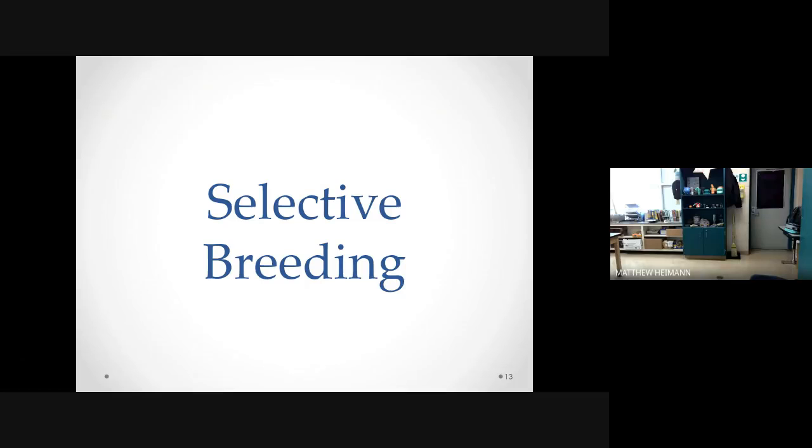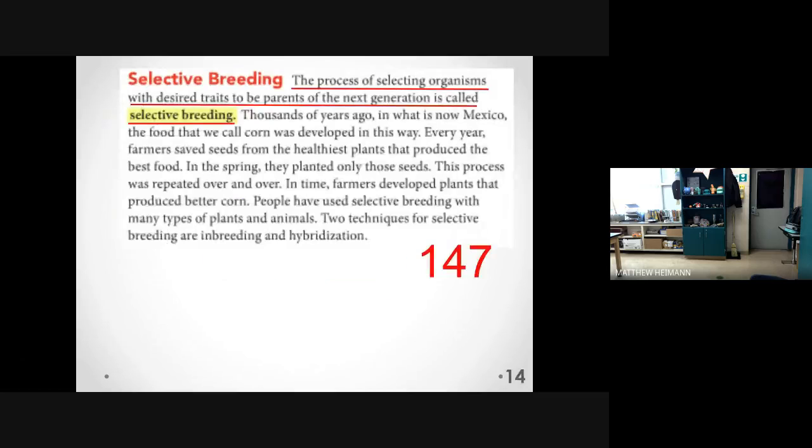All right. Anyway, the first type of biotechnology we're going to talk about is selective breeding. And this is extremely common and has been used for a long time. So selective breeding is the process of selecting an organism with desired traits to be parents of the next generation. So even simple things, like obviously dogs, all dogs started as wolves.